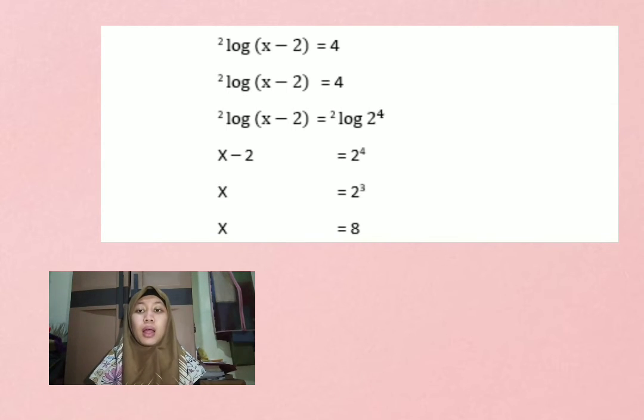It can be log x minus 2 in parentheses to the base of 2 equals log 2 raised by 4 to the base of 2, so x minus 2 equals 2 raised by 4. X equals 2 raised by 4 minus 2. X equals 2 raised by 3. X equals 8. So x equals 8.